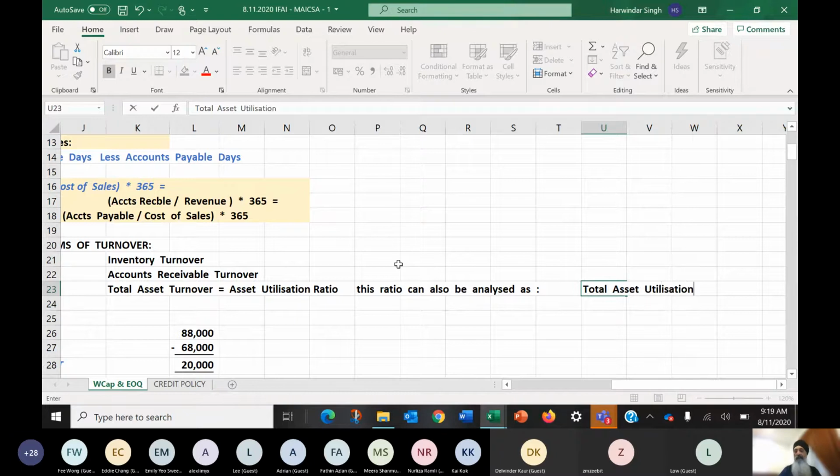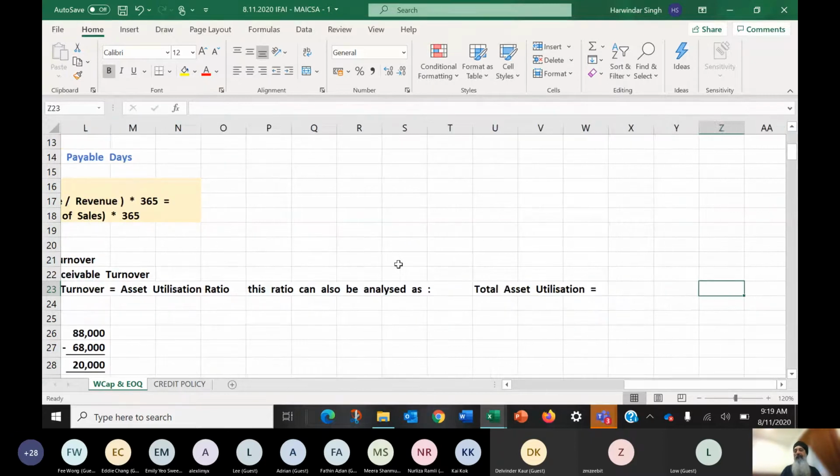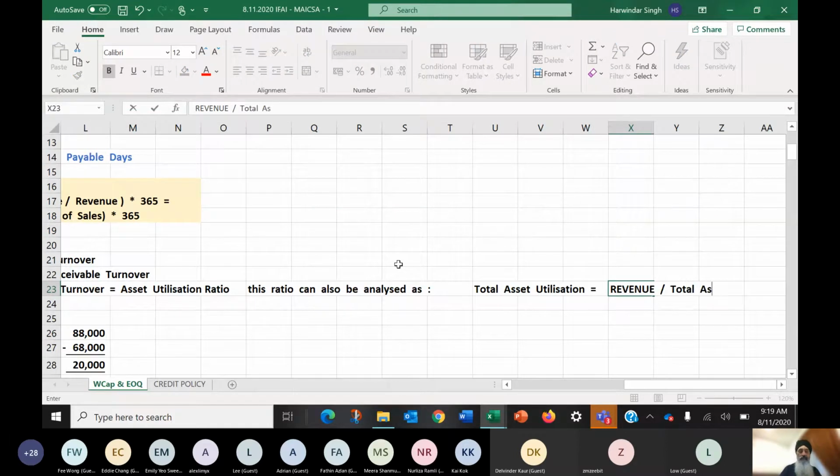And total asset utilization, we get it as revenue divided by total assets. And you can analyze this into fixed asset utilization.